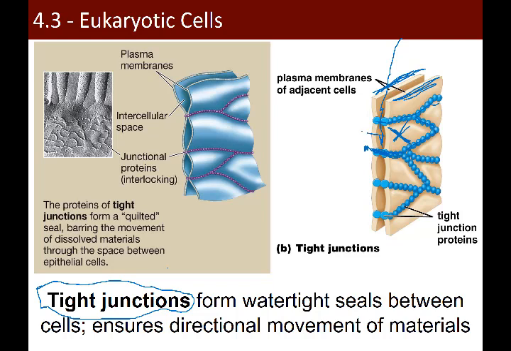Instead, it has to go through and into the neighboring cell because these tight junctions make it so that nothing can go through here. And so this watertight seal also helps to direct materials. So they have to move directionally from one cell to the next cell through tissue. And so they're going to be able to have a cascade or a wave of material movement from cell to cell.